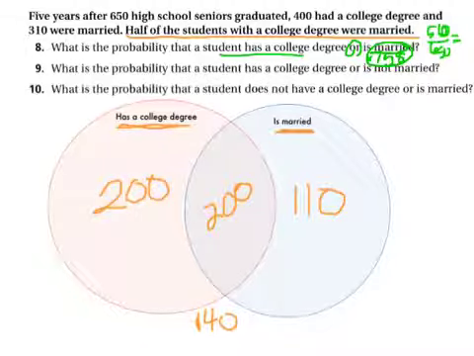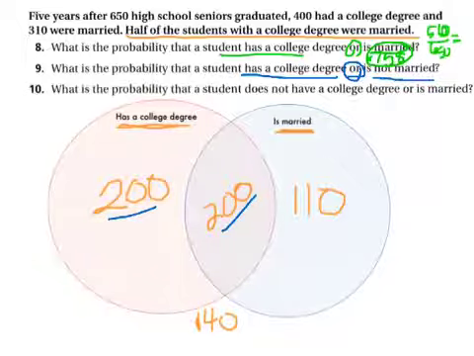So then the next one, it says, what's the probability that a student has a college degree or is not married? Okay, so we have to find all the people who have a college degree. Okay, well, these people have a college degree, so that's 400 people. Or is not married. Well, these people here are the only other people we haven't already counted.